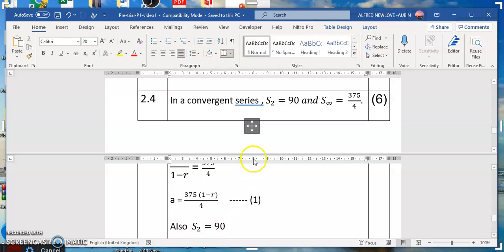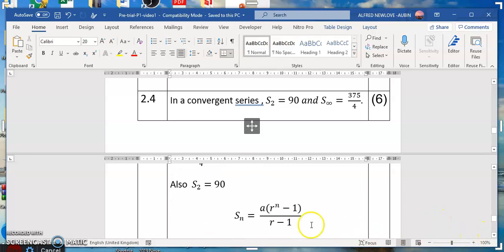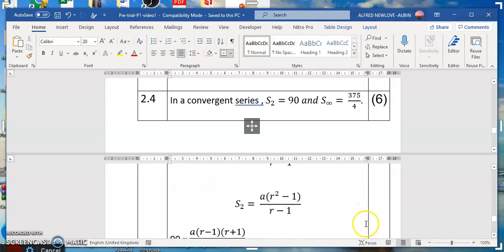Then we're also given in the question that the sum of the first two terms is 90. We are going to make use of that one also. We know that the sum of the first n terms is this. So for the sum of the first two terms, n is going to be 2. So if you substitute, we are going to have r squared, because n is 2, minus 1, r minus 1.